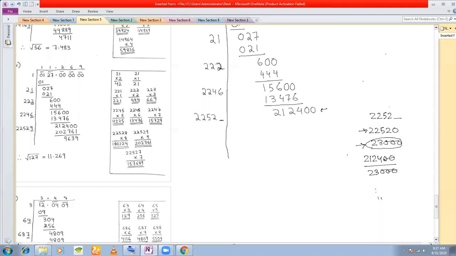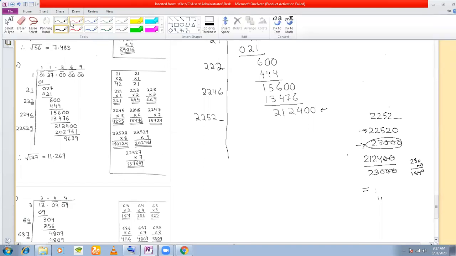So what are we getting? We are getting 2124 by 230, which is approximately the quotient. We need only the quotient here. Approximately the quotient will be 8 or 9.